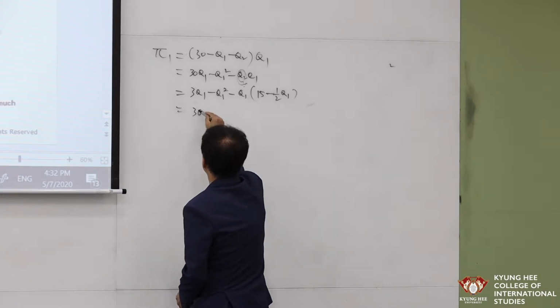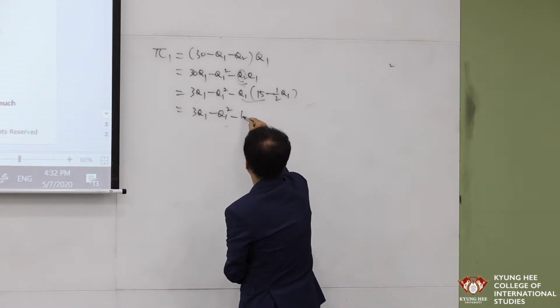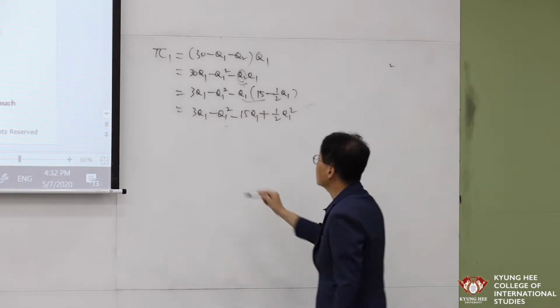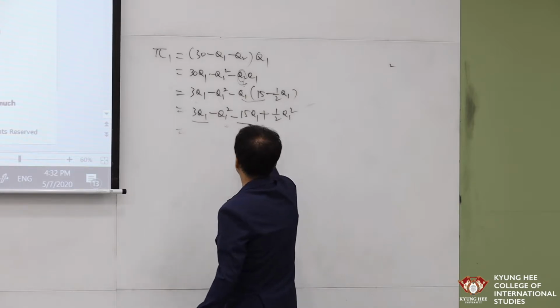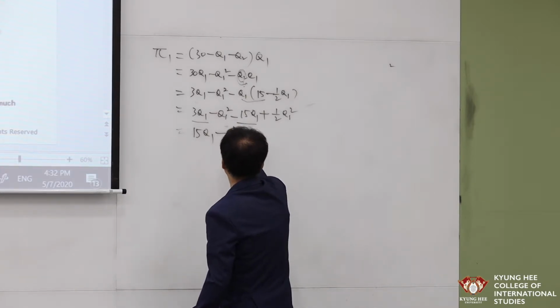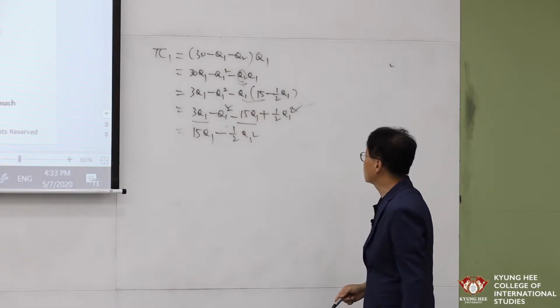Then 30 Q1 minus Q1 squared, this one is minus 15 Q1 plus half Q1 squared. Right? Then 30 Q1 minus 15 Q1, so 15 Q1, minus Q1 squared plus half Q1 squared, so minus half Q1 squared.